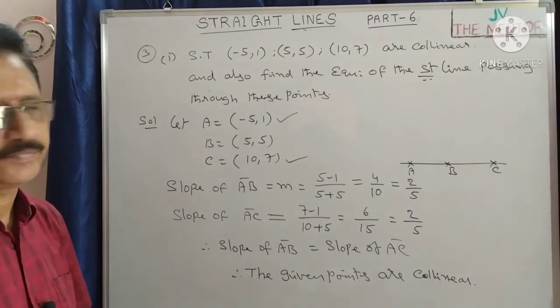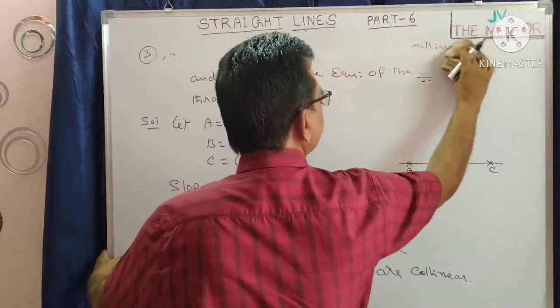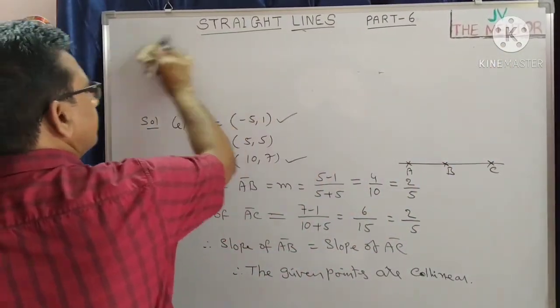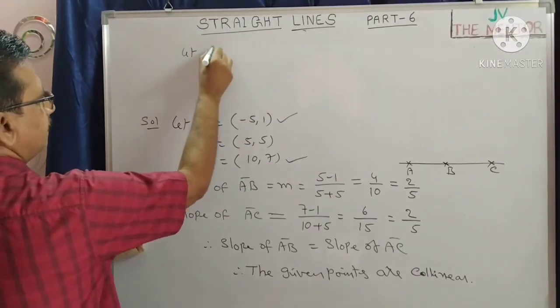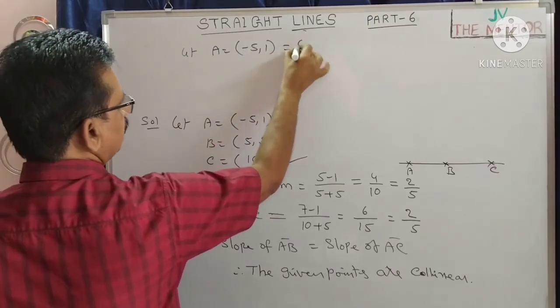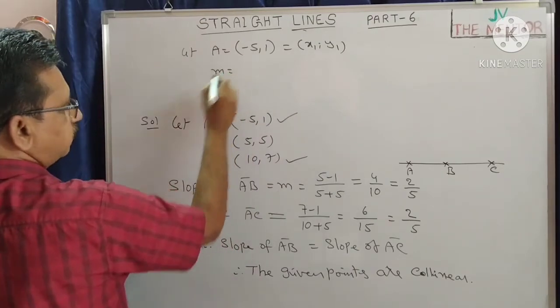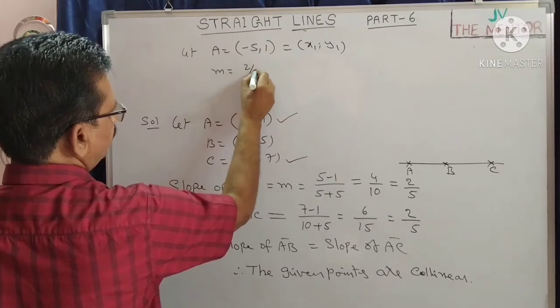M equal to 2 by 5. Let the coordinates of A, minus 5 comma 1, equal x1 comma y1. M is slope of AB or slope of AC, m equal to 2 by 5.